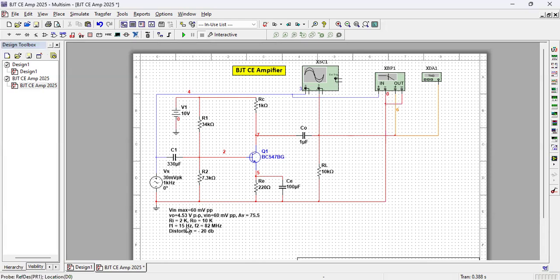And lower cutoff frequency is 15 hertz, upper cutoff frequency is 82 megahertz. And with this, our distortion is minus 20 dB, right? That is where I want to finish your lessons on BJT common emitter amplifier.